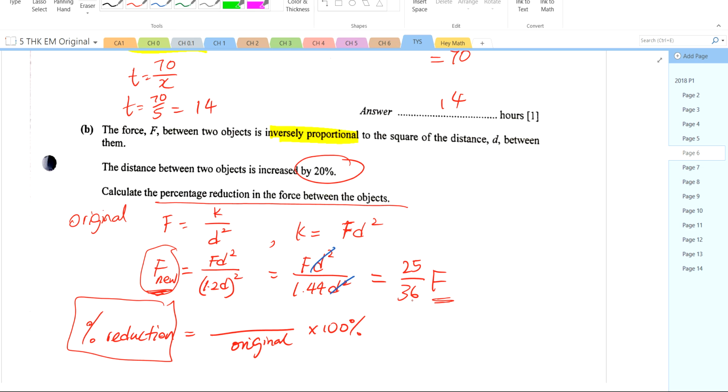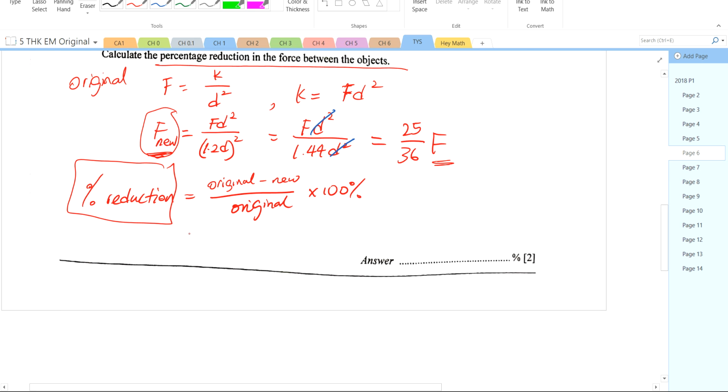Now all of you agree? Original minus new. Now we put in the information. Original was F. Right? Then minus the new one, which is 25 over 36 F, divided by F. Right, divided by original. Then I multiply by 100%.